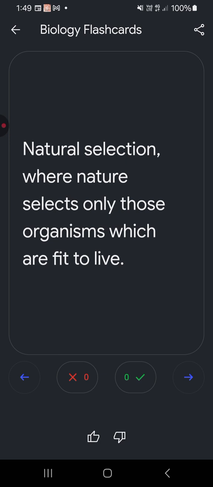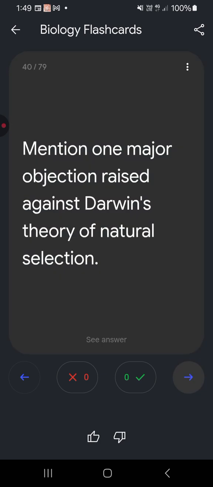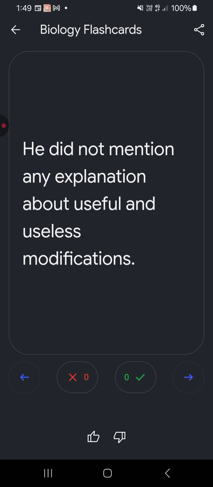Natural selection, where nature selects only those organisms which are fit to live. Mention one major objection raised against Darwin's theory of natural selection. He did not mention any explanation about useful and useless modifications.